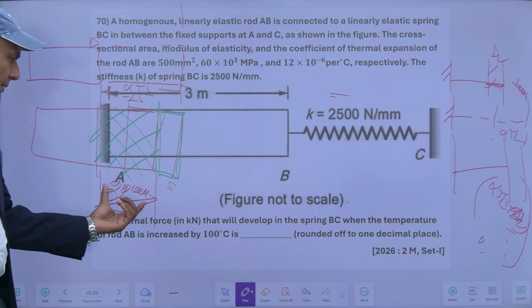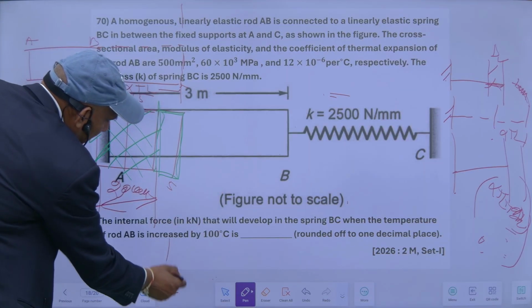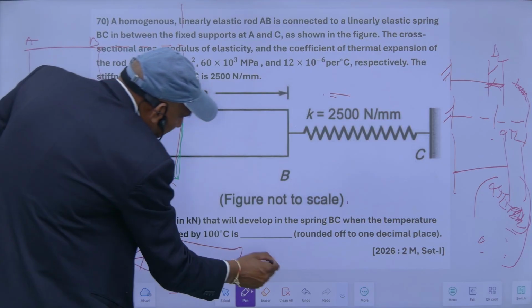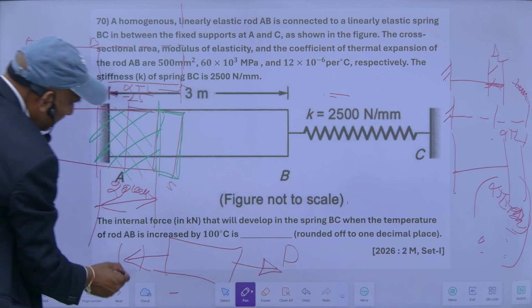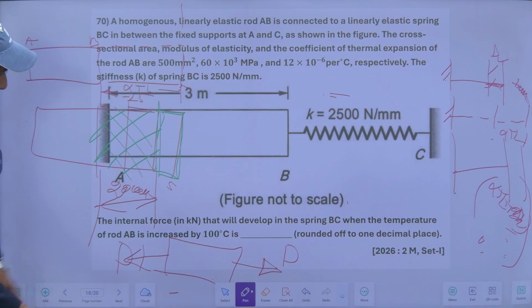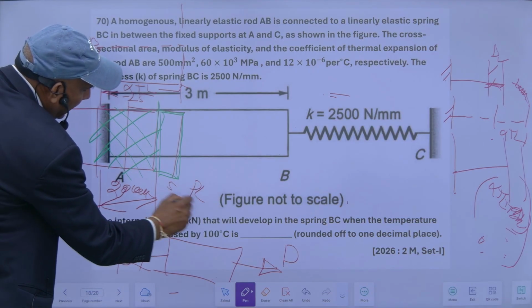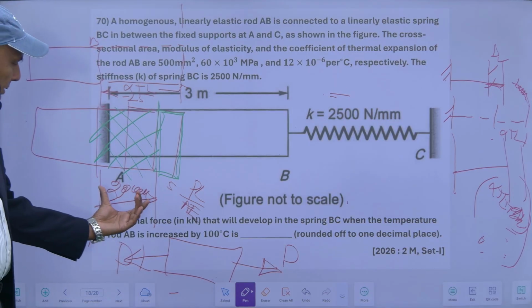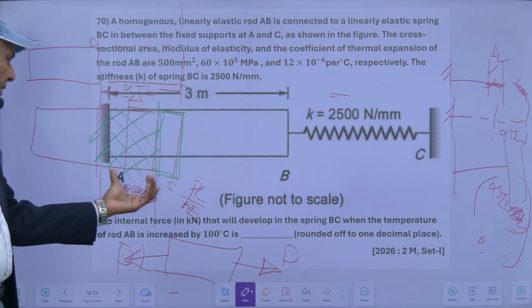For this much 20 mm, my force will be there like this. This is my thermal force P by the spring. So its expansion will be PL upon AE. So this PL upon AE should be equal to this 25 minus 5.